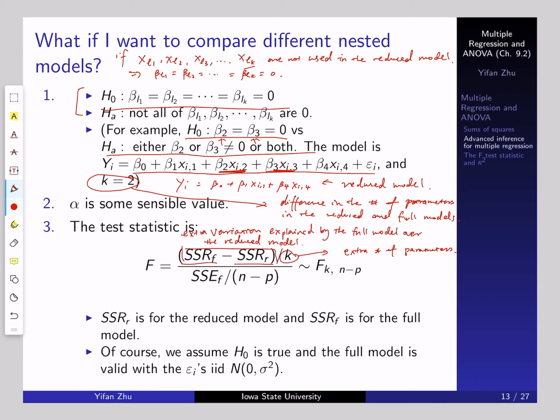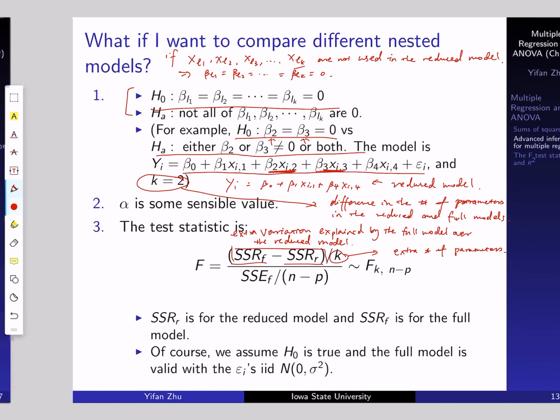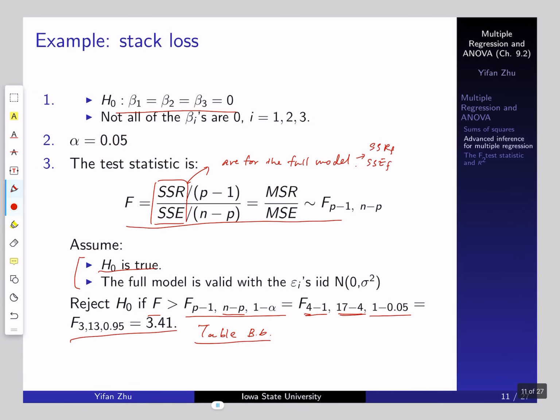And when you look back to this statistic, why don't we have the SSR here?